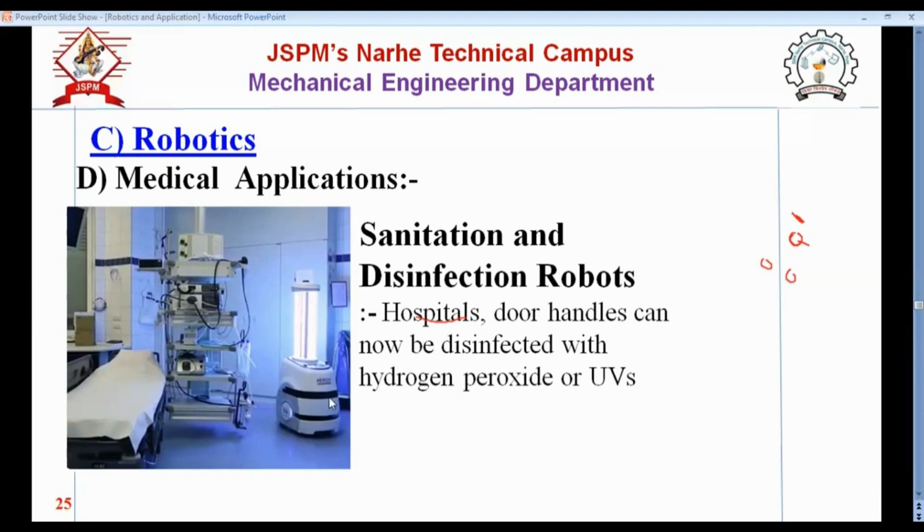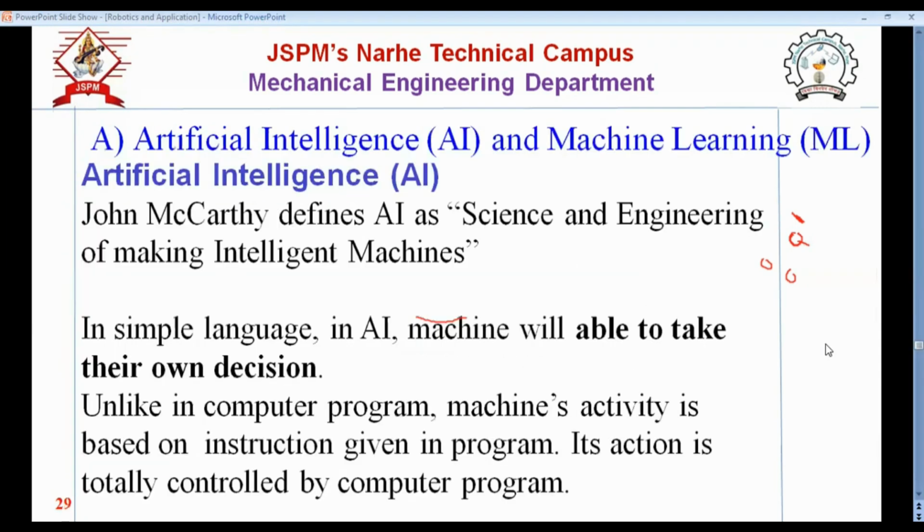Now we'll move to autonomous robots. When the word autonomous comes, then we have to talk about artificial intelligence. So an autonomous robot uses artificial intelligence. What is artificial intelligence? It is the technique which makes the robot smarter.